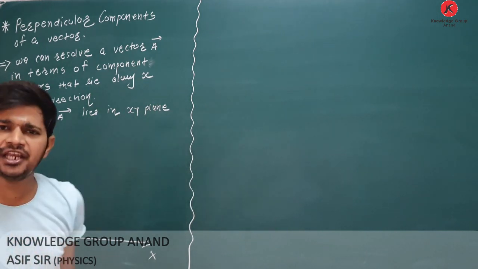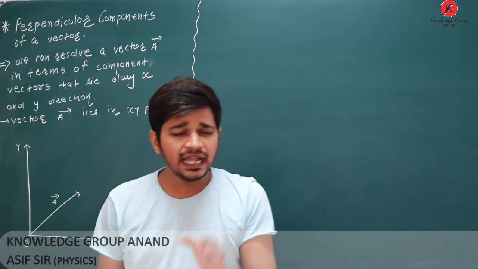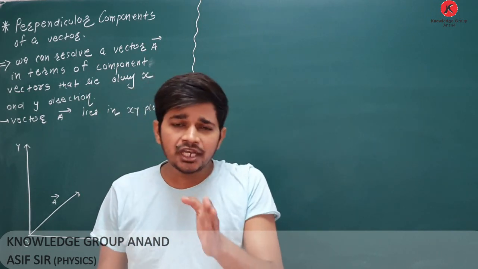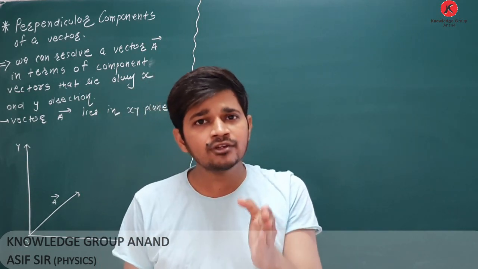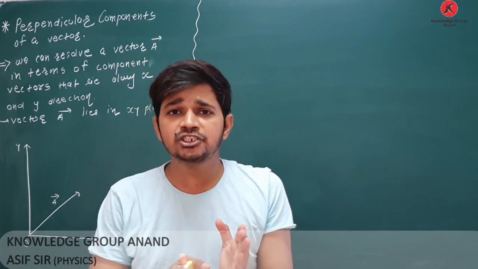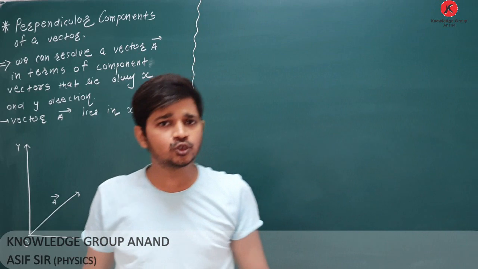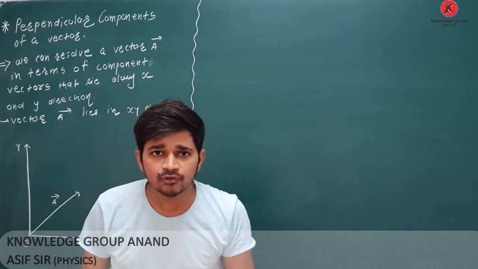Why x and y direction? You know that x and y axes are perpendicular to each other. So if we find components of a vector in direction of x and y, then yes, two components will be perpendicular to each other. Clear about this?